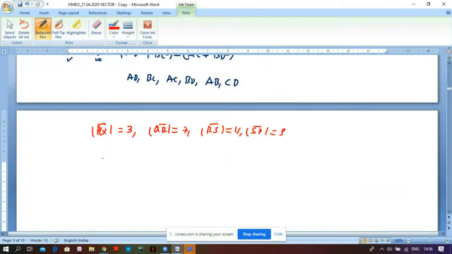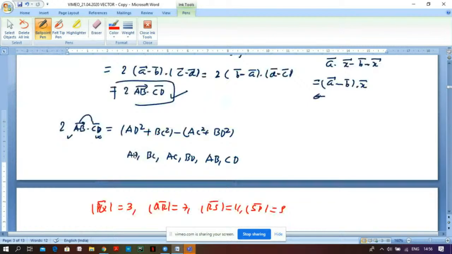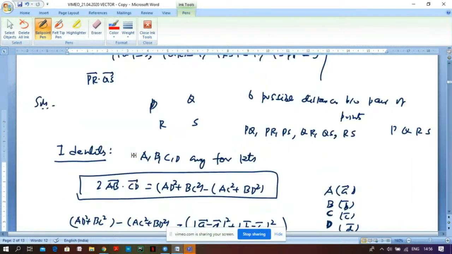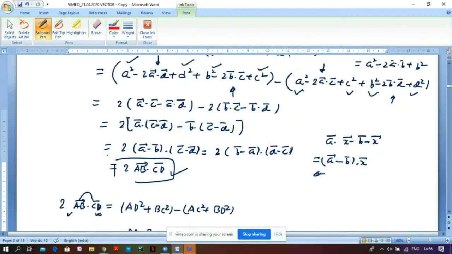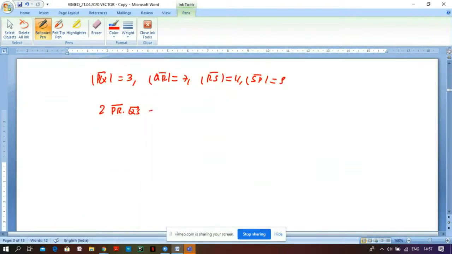You want PR dot QS because you are already given PQ, QR, RS, SP; these two are not given. So you want 2 PR dot QS, that equals PS squared plus QR squared, minus PQ squared plus RS squared, by the result we have proved.